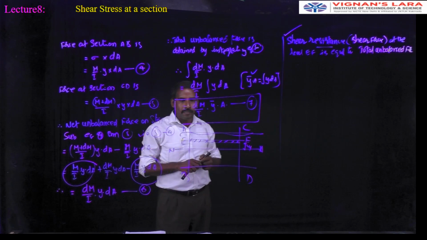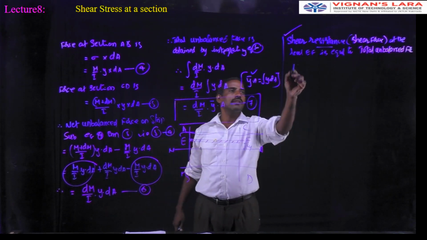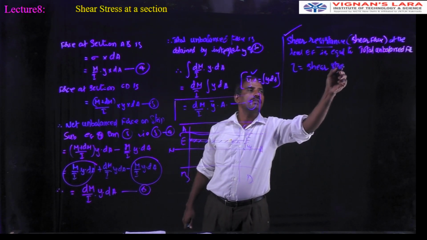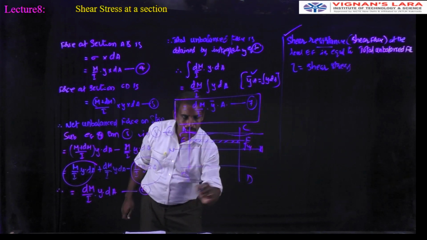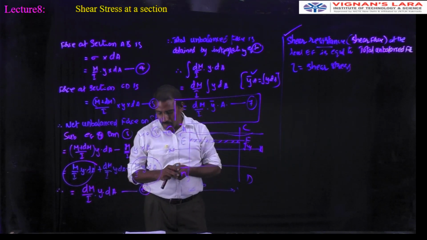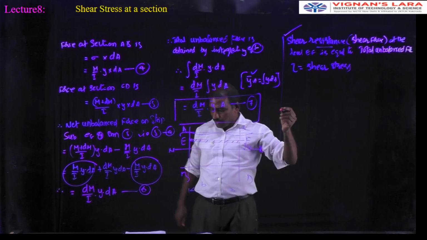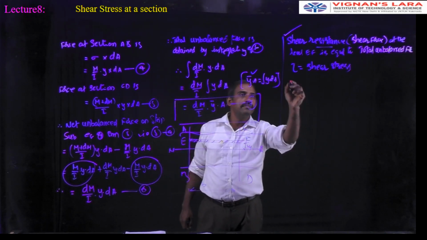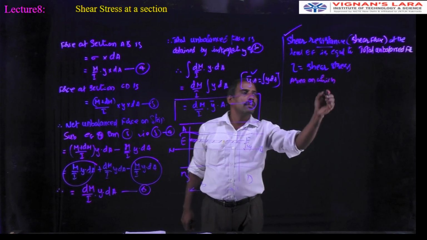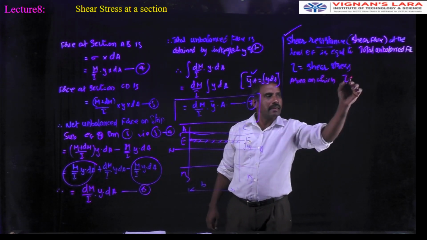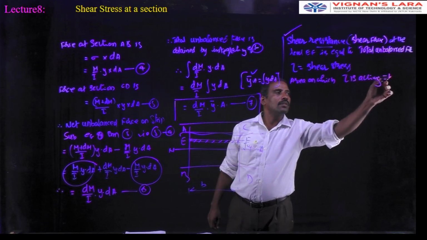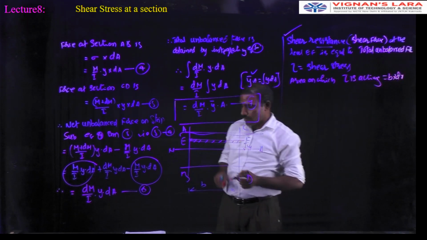Now let us see the shear stress. Let us assume tau is equal to the shear stress. Let us assume this is the width of the beam, B. What about the area? The area on which shear stress is acts is equal to B into dx.